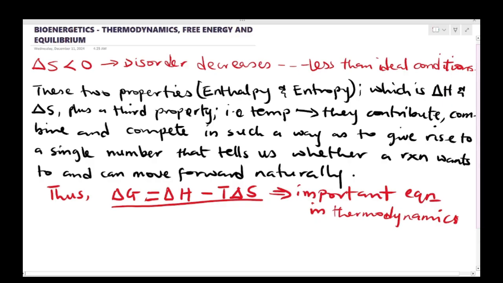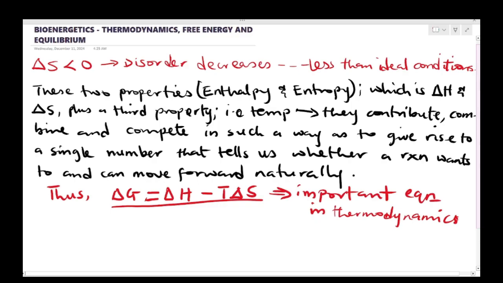So if I have a reaction, I can measure the change in the reaction by measuring the change in the enthalpy, which is delta H, and the change in the entropy, which is delta S, at a given temperature.